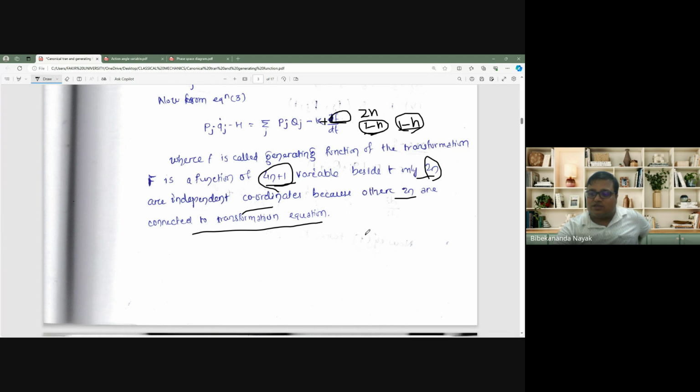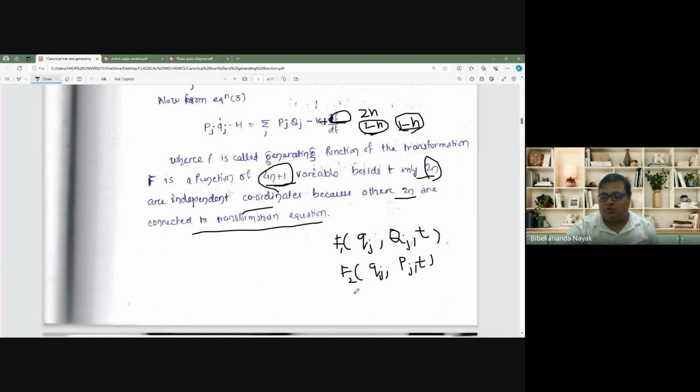That means the first one is a function of small qj, and the second coordinate may be capital Qj, but it is optional. It is one kind of generating function, which is called F1. Another possibility is that F may be a function of small qj, capital Pj, and t.